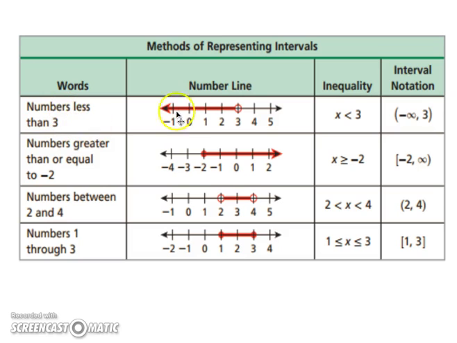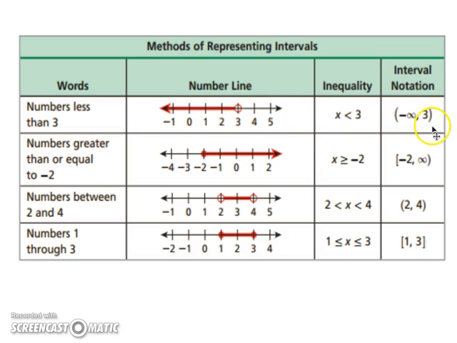So for numbers less than 3, it doesn't stop. It keeps going all the way to infinity, in the negative direction. So negative infinity is to your left, and 3 is to your right, and both have an open notation, so a parenthesis on each side.